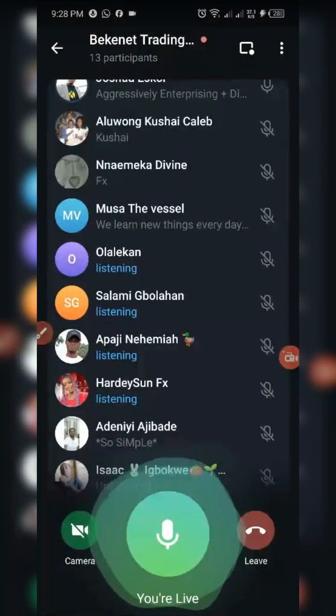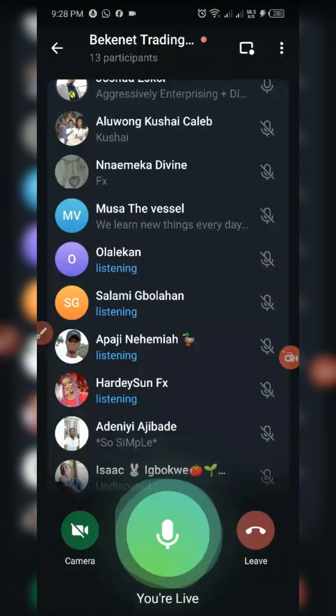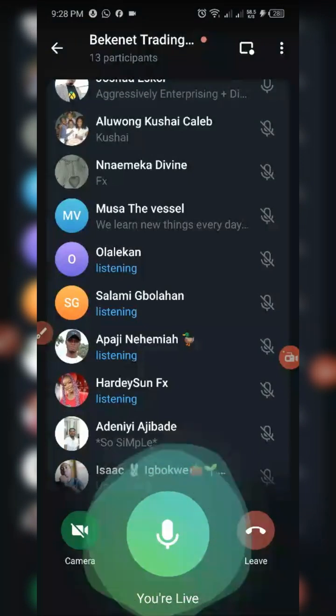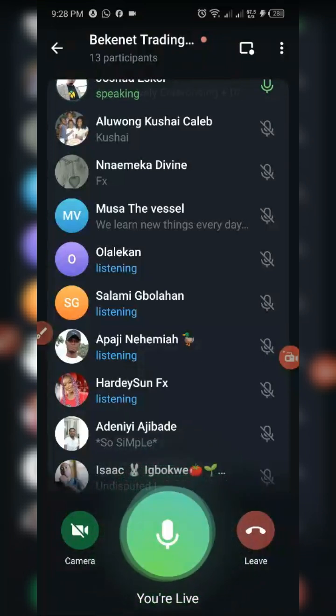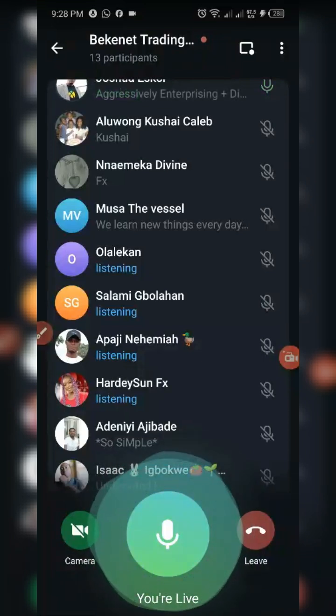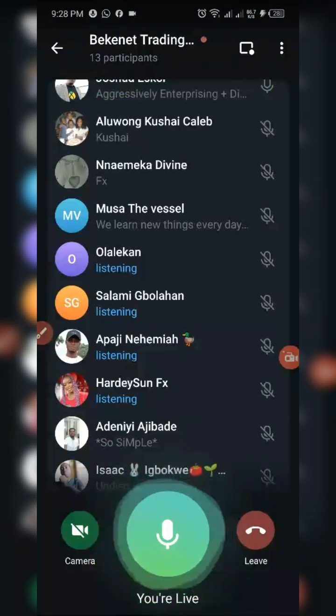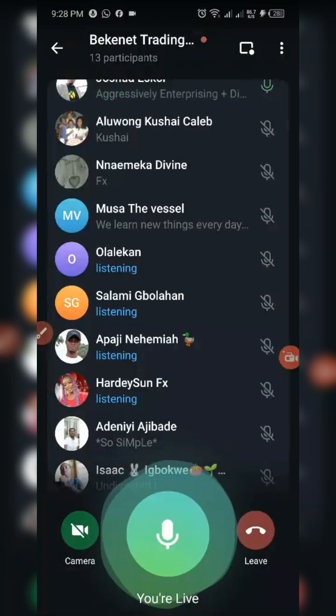Okay, you need to understand how the software works. Now the software has told you to go and buy BTC. It's left for you to use any platform of your choice that you understand. If I wanted to trade BTC, I use Deriv. I log into my MT5 and place the trade there. The most important thing is to know the direction you're going.